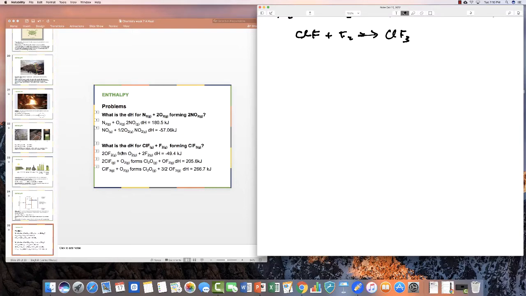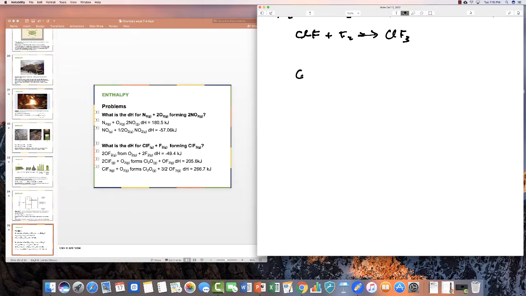Now, if you look at these three equations here, you want to end up with ClF in the reactants. Well, you have that in this middle equation here, but you have to multiply it by a half. So let's do that. We'll multiply and use a half of that number.